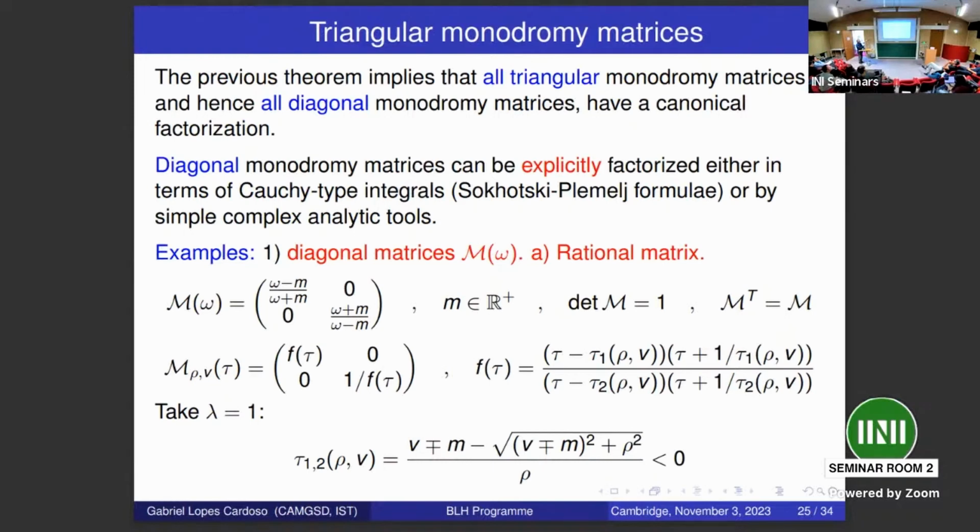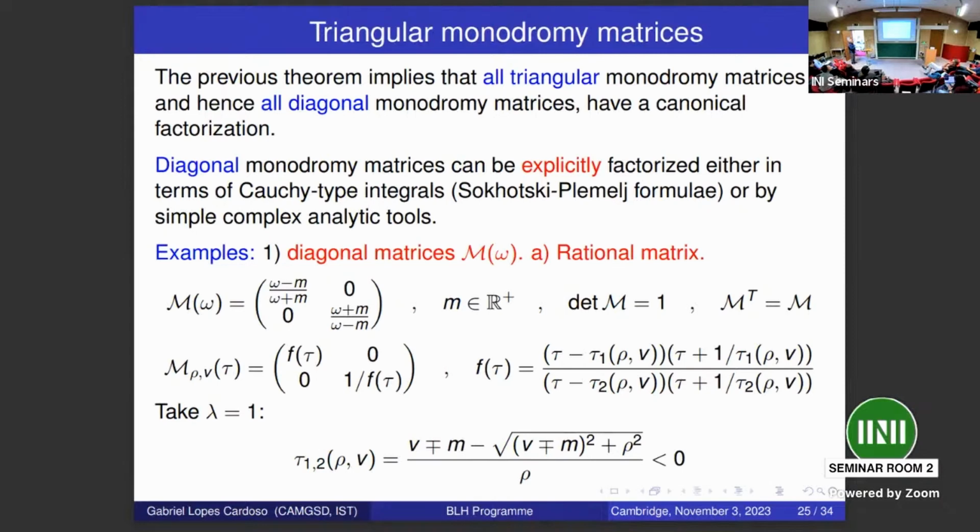Now replace omega by its spectral curve relation. You may remember that omega was something like tau squared plus blah blah blah divided by tau. So in other words, replace omega by tau by the spectral curve relation, in which case you get functions of tau that are rational. What you're going to get is an f of tau that is a rational function in tau, and the numerator and the denominator are quadratic in tau.